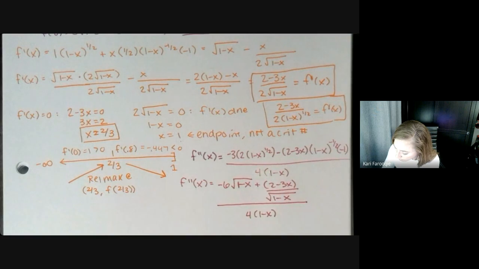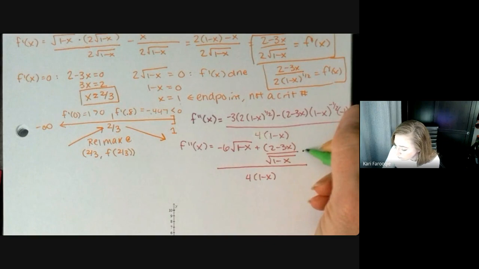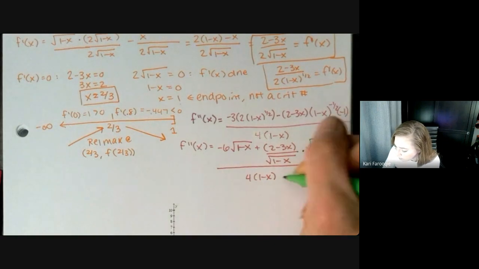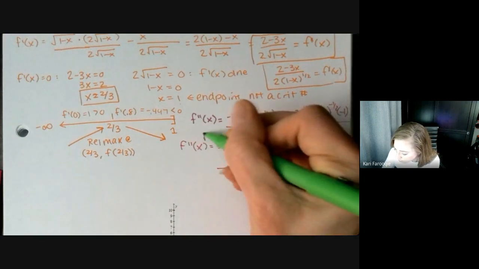And then we'll divide it out again. It is up to you how you want to do this. I'm going to multiply my fraction by the LCD, which in this case is the square root of 1 minus x. Now I'm going to multiply every term by the square root of 1 minus x so that I can get rid of the complex fraction.